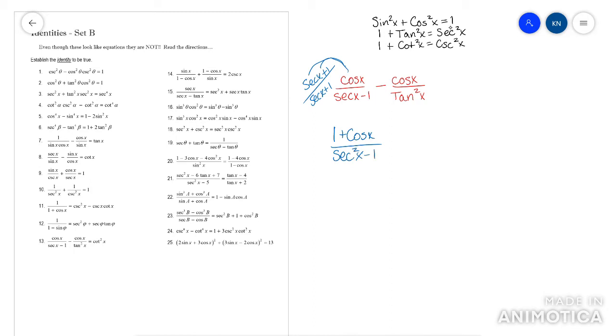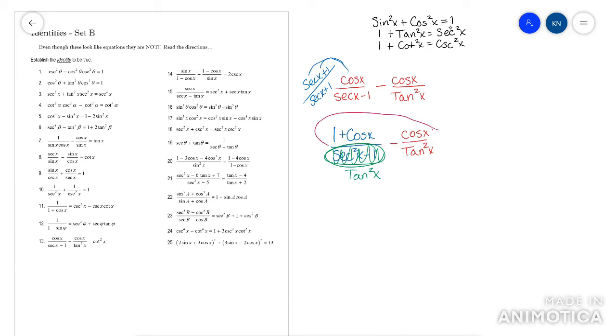And I haven't touched the fraction on the right because secant squared minus 1, if you rearranged it, is tan squared. So I could basically think of this as tan squared. And now they have common denominators, and so I can combine these numerators.